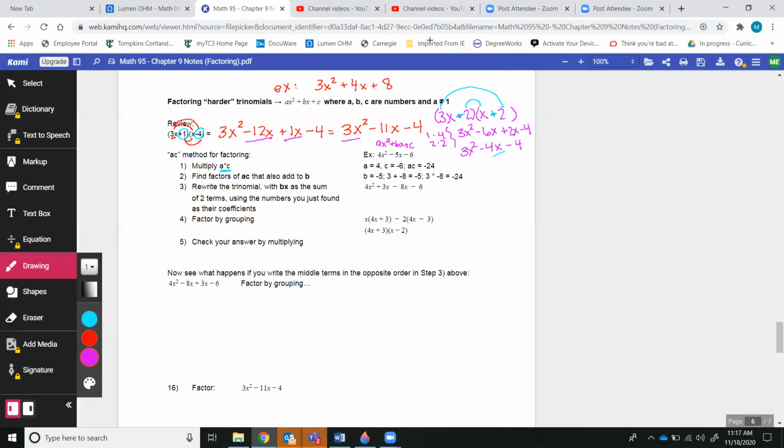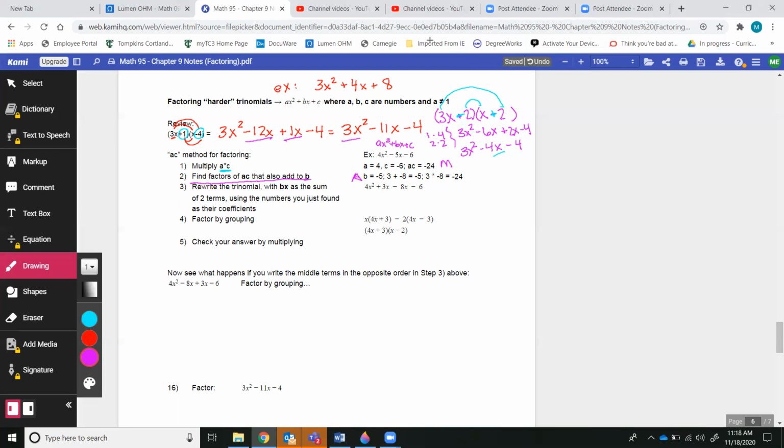Now, this is where it gets similar for this step to our easier trinomials. We want to find factors of AC that add up to B. So instead of just finding factors of the last digit and say they have to add up to this, I'm looking at factors of this product and they have to add up to that middle number. So in this case, 4 times -6 is -24. I need numbers that multiply to -24 and add up to B of -5.